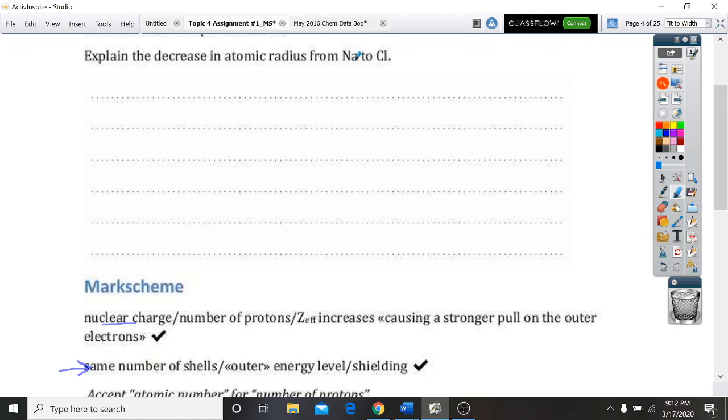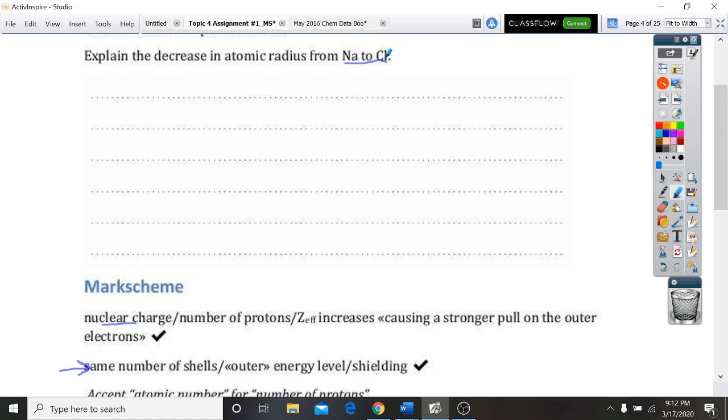So anytime IB asks you to compare something, like here they want you to compare everything from sodium to chlorine, you usually want to make sure that you compare and contrast, right? So what is similar about sodium to chlorine is they all have the same amount of energy levels. To someone who doesn't know a lot of chemistry, that might mean that they're all the same size.